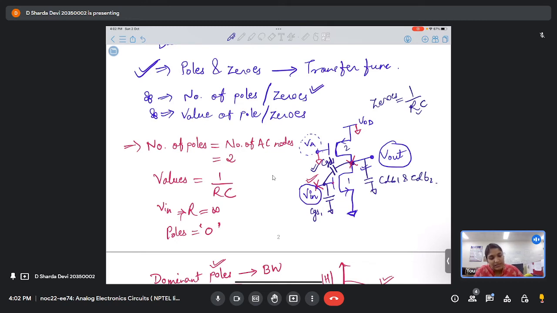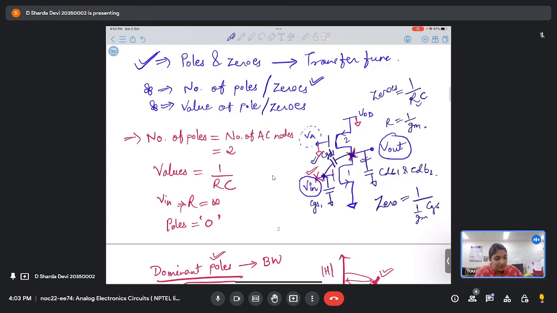It is connected between input and output, so you will see transconductance. So the resistance you'll write as 1 by Gm. So the value of the zero will actually be 1 by Gm CGS, that is Gm by CGS. So this is the value of the zero that you will get. Is this clear? Yes, ma'am.